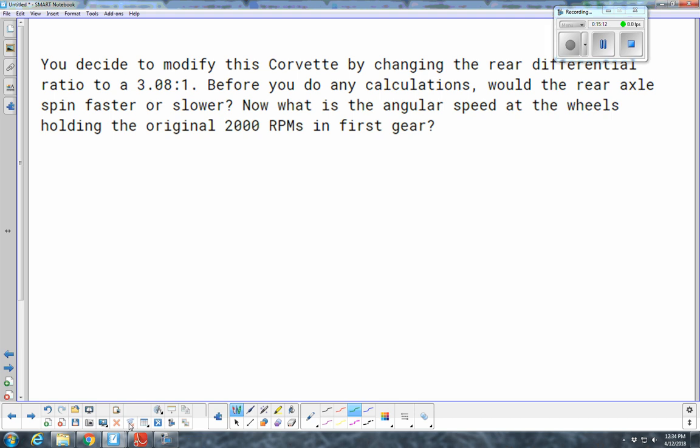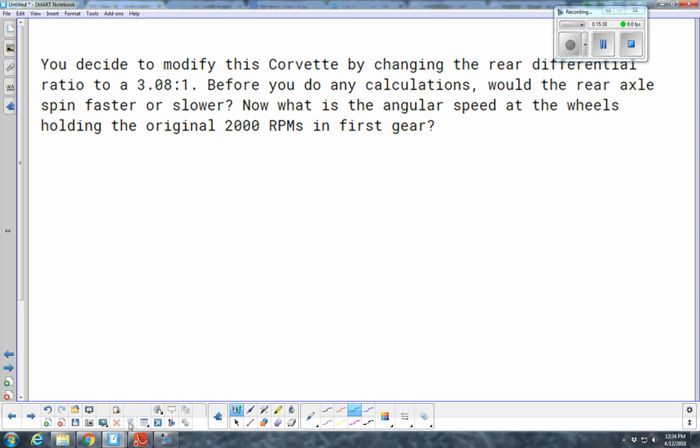Before you do any calculations, no cheating, is this going to have a faster or a slower angular velocity if you go from a 3.42 to a 3.08? What do you think? Hands up if you think faster. Hands up if you think slower. Okay, so let's think about it. Is 3.42 a bigger number or a smaller number than 3.08? Bigger.